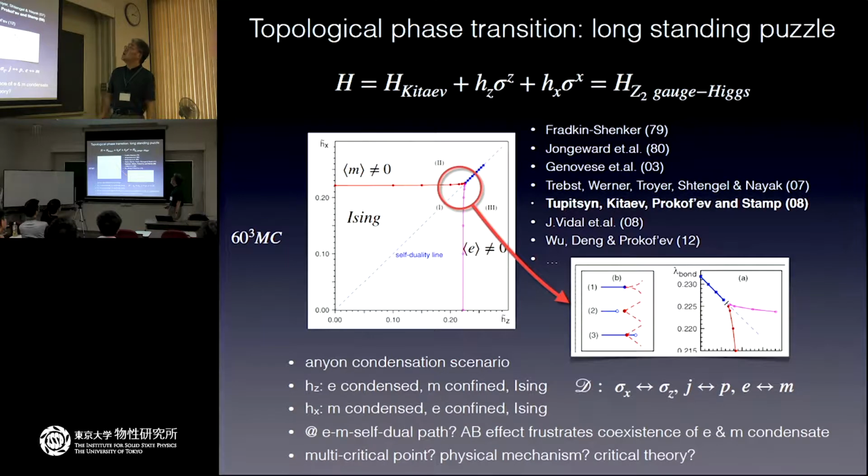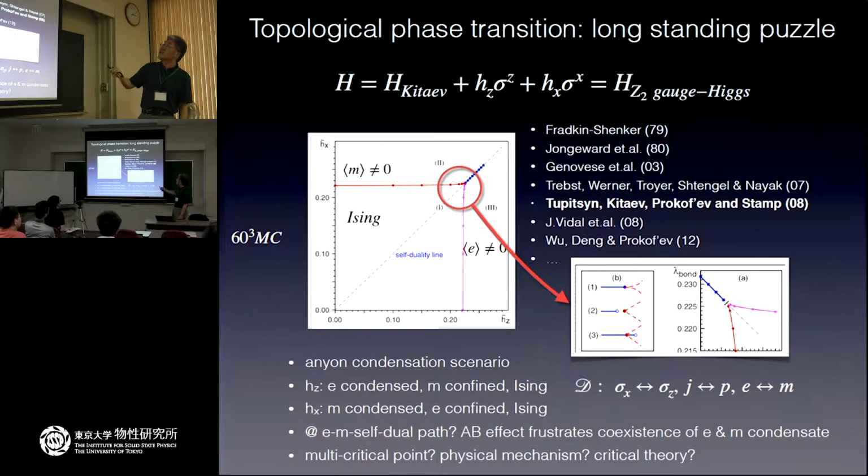Actually, this kind of model is not completely new in the literature, because many years ago, a lot of groups studied another model which is more general than the topological model. For example, they introduced external field terms, for example, the Hz field or Hx field.